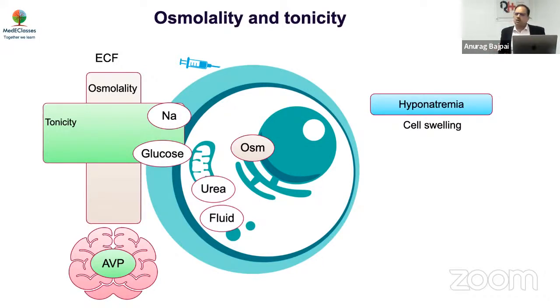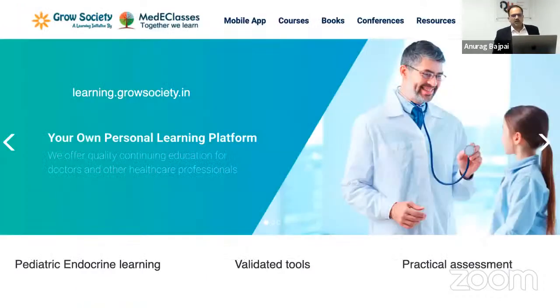We have been hearing since medical school about what was earlier known as central pontine myelinolysis, and now we call more appropriately the osmotic disequilibrium syndrome. The cells which were swollen and then became normal will suddenly shrink, so you will have a lot of lysis of these cells, and that causes myelinolysis. This is the fundamental aspect we'll discuss: how this happened in this case, how we could have prevented it, and how we could have improved the outcome.